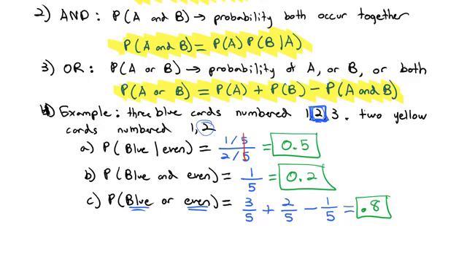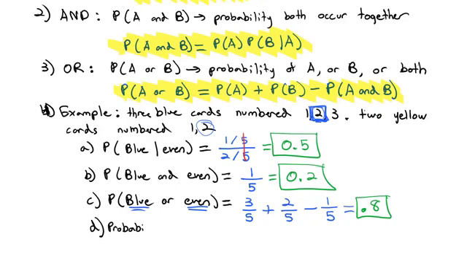I want to do one more example that kind of illustrates the AND formula maybe a little bit better. And that is finding the probability that if I draw 2 cards without replacement, actually, maybe I should write this out.